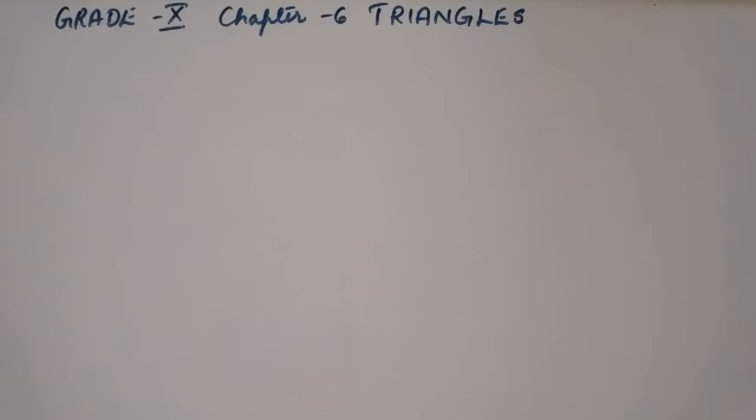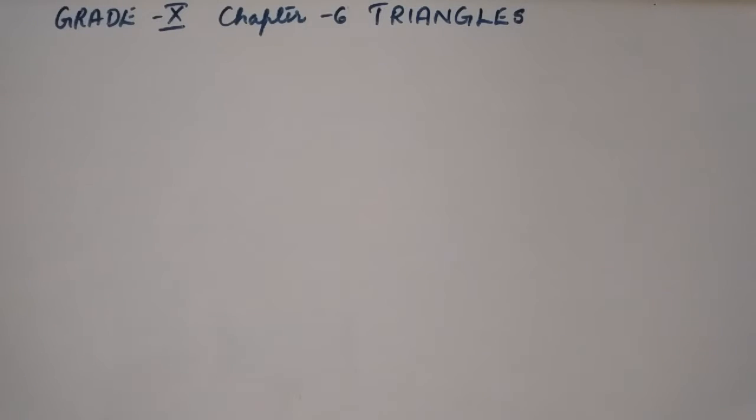To prove this, we shall make use of similarity of two triangles formed by the perpendicular to the hypotenuse from the opposite vertex of the right triangle.